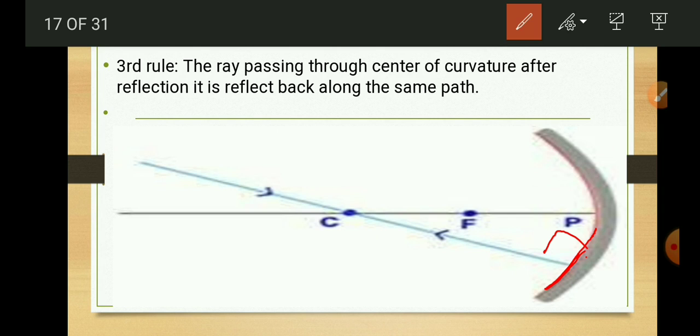It is incident normally on the surface. And as we know from the laws of reflection, if a ray is incident normally on the reflecting surface, then the angle of incidence equals the angle of reflection equals 0. And so the ray reflects along the same path. That is, if a ray comes from the center of curvature, then after reflection it will pass through the center of curvature only.